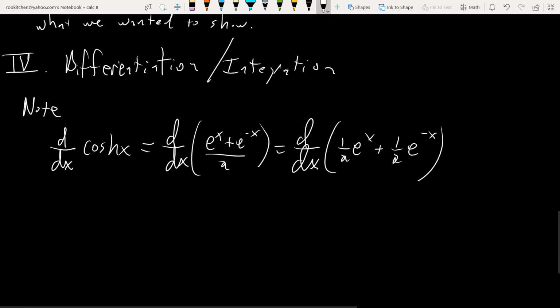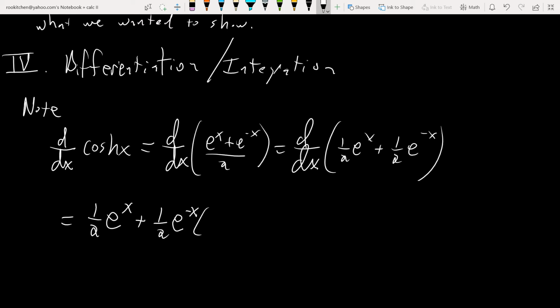The first derivative, leave the 1/2 alone. The derivative of e to the x is e to the x. And then the second, leave the 1/2 alone. The derivative of e to the negative x is e to the negative x, right back at you, times the derivative of the exponent. The derivative of negative x is -1. Okay, so we could rewrite this as 1/2 e to the x minus 1/2 e to the negative x.